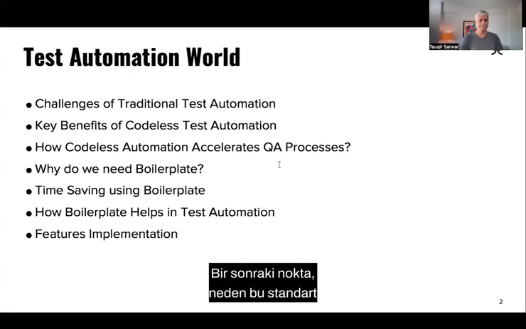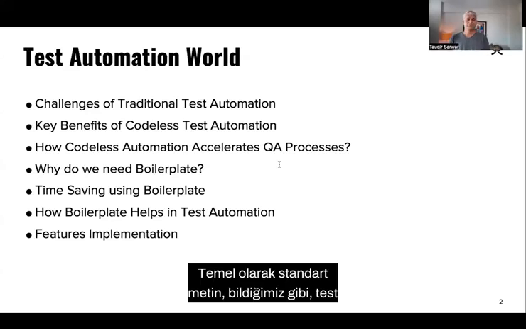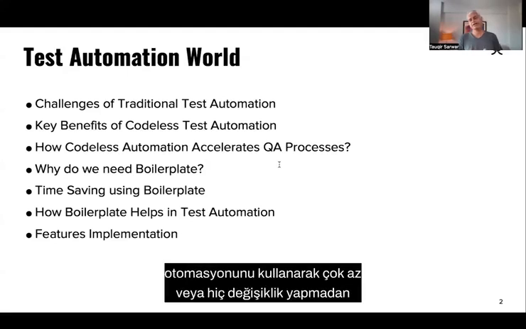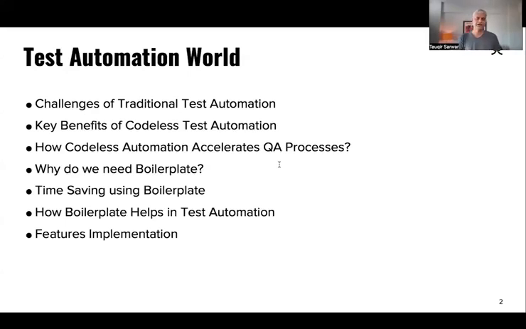The next point is, why do we need that boilerplate? Basically, the boilerplate is a template, as we know, that can be reused in multiple contexts in test automation with very little or no changes.